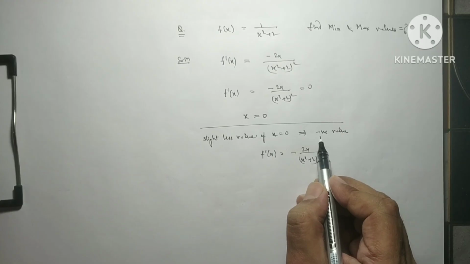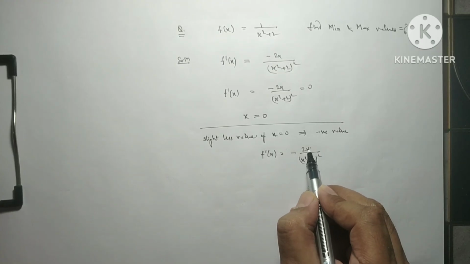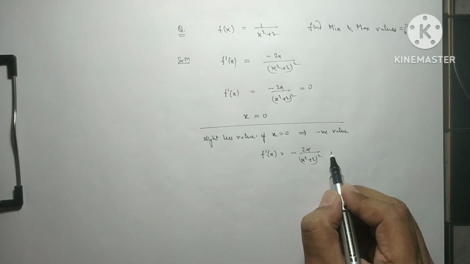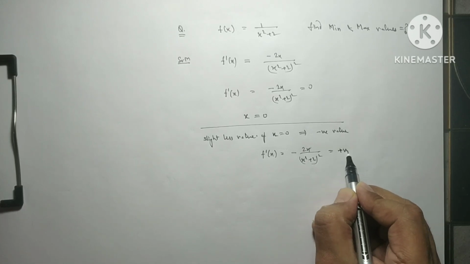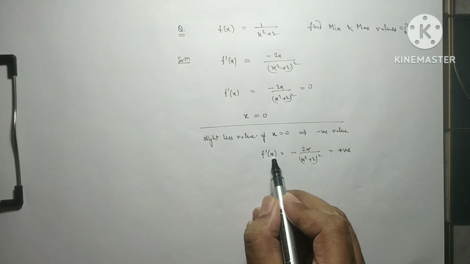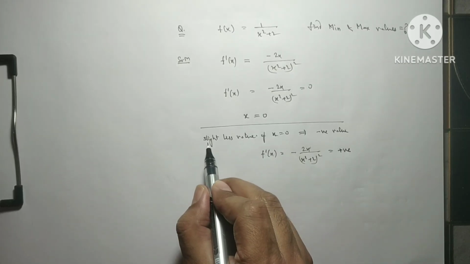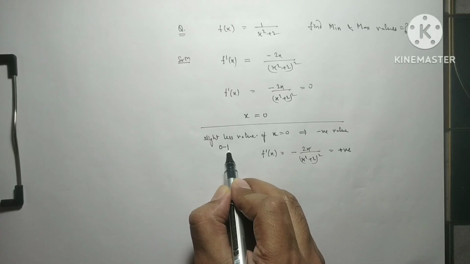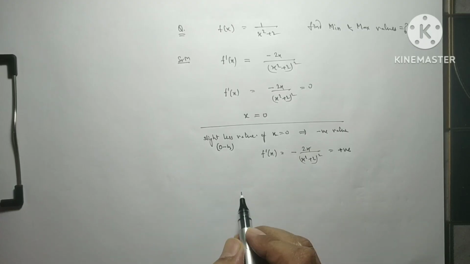Let us consider we place the negative value, so this will be negative, and with the negative it becomes positive, and the whole square is always positive, so we get a positive value. So the sign of f dash x is positive when we put 0 minus h, a slightly lesser value.